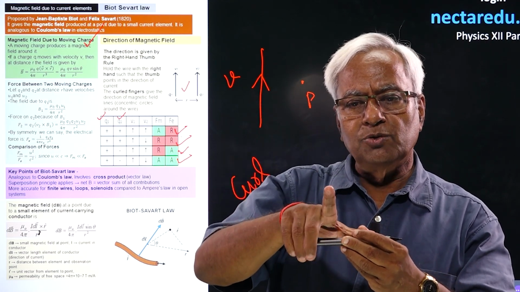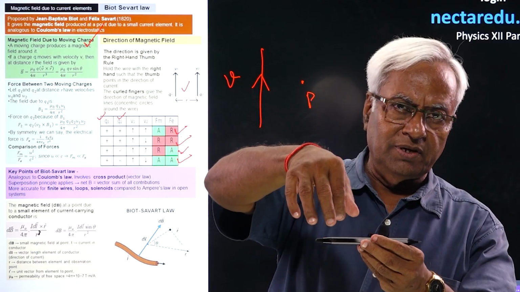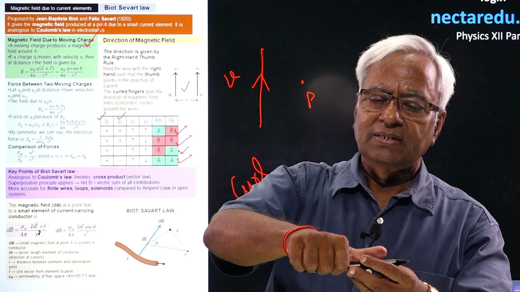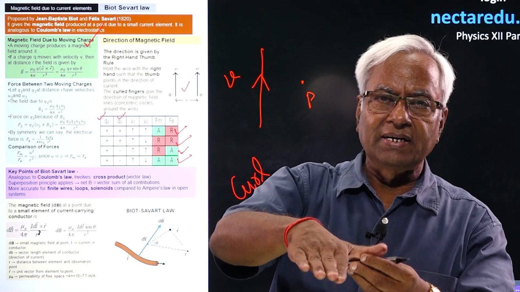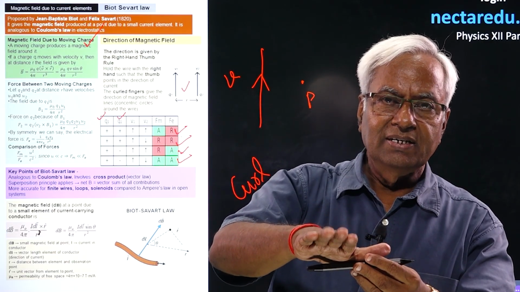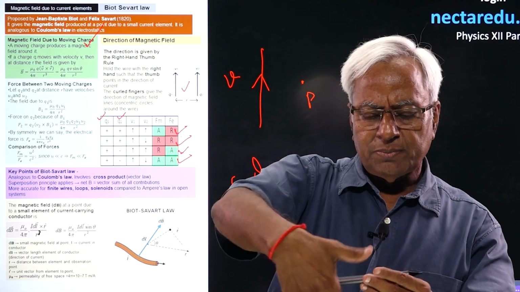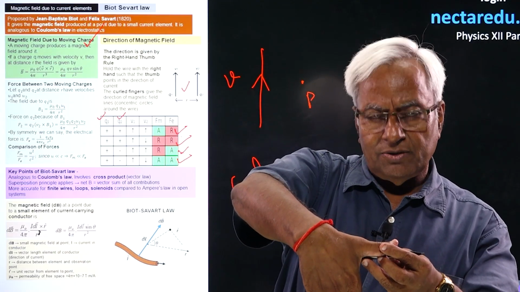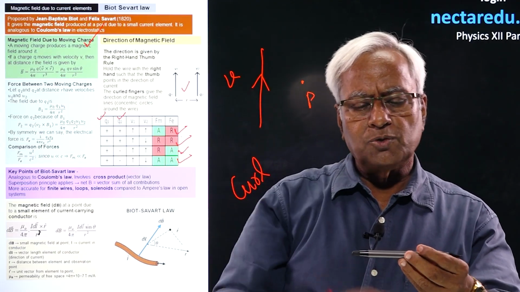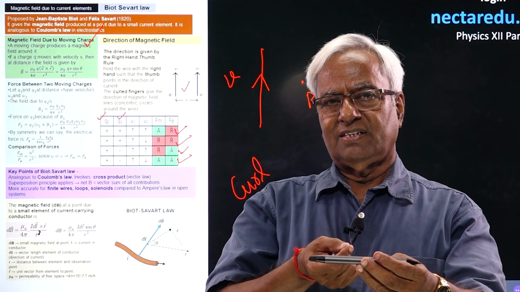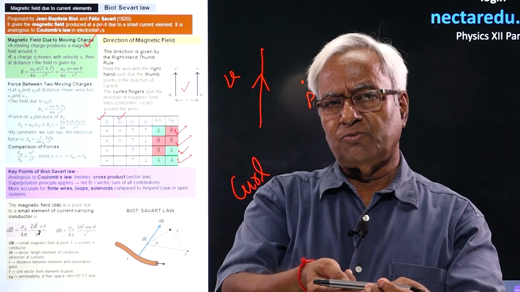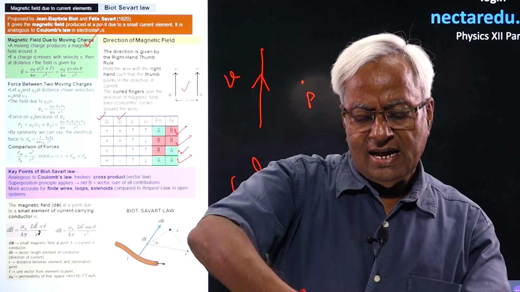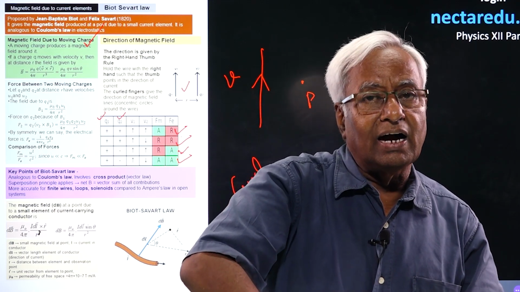For example, you choose a point over here. Current is this way, along the thumb. Then here the magnetic field will be vertically downward. And if you choose the point over here, the field will be towards B. And if you choose the point over here, exactly in front of this wire, then again with the thumb in the direction of current, the field will be vertically upward.